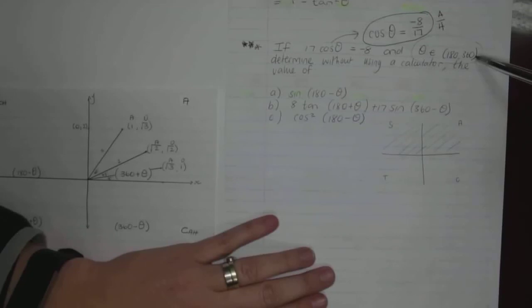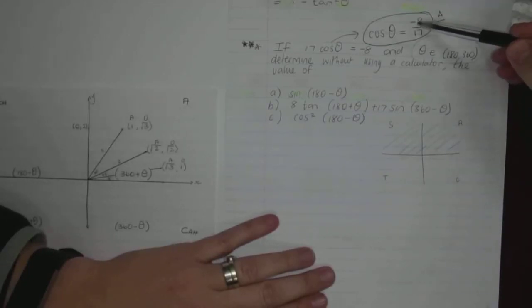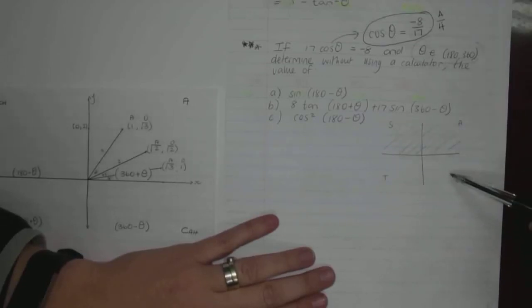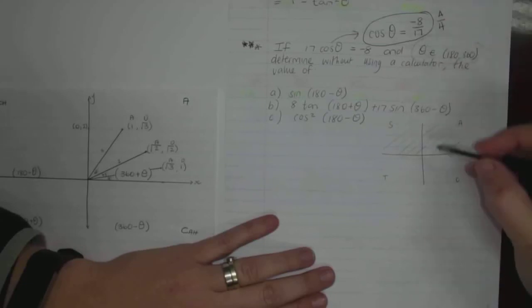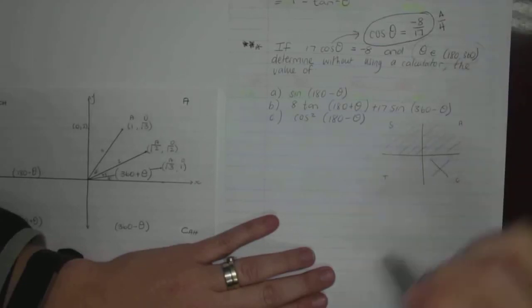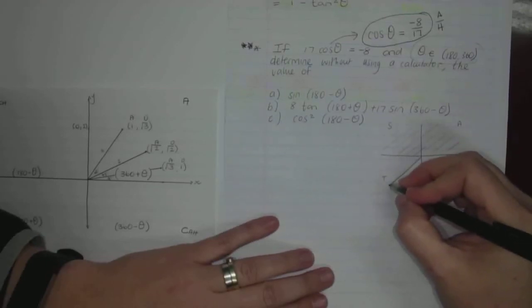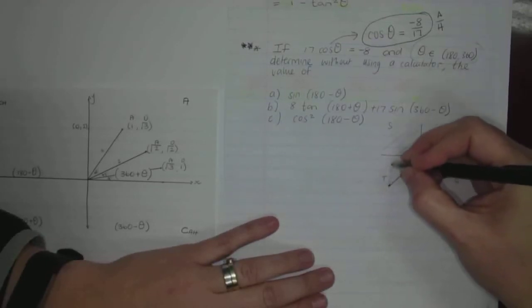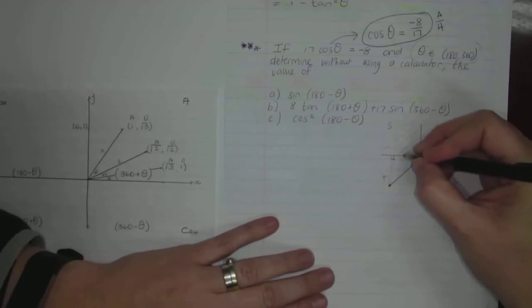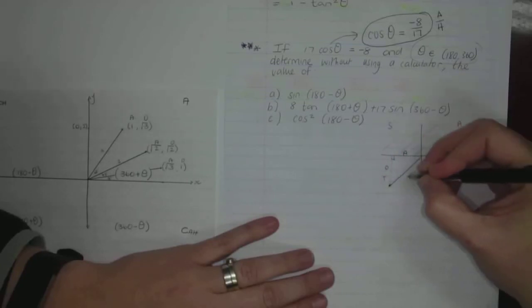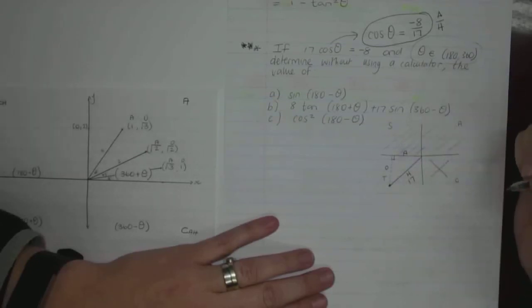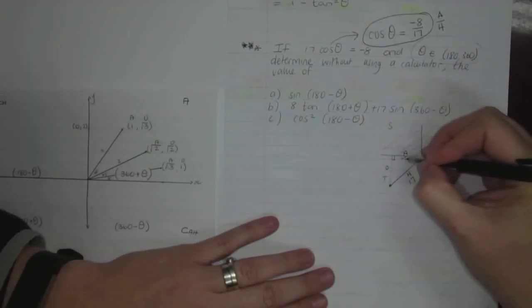So what are they hinting? Between 180 and 360, cos needs to be negative. Now cos is positive in the fourth quadrant, so I know I'm not allowed to go into the fourth either. So my triangle will be in my third quadrant. My adjacent side, my opposite side, my hypotenuse. My hypotenuse is 17. My adjacent side is negative 8.